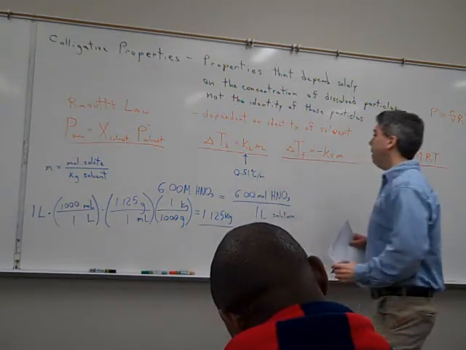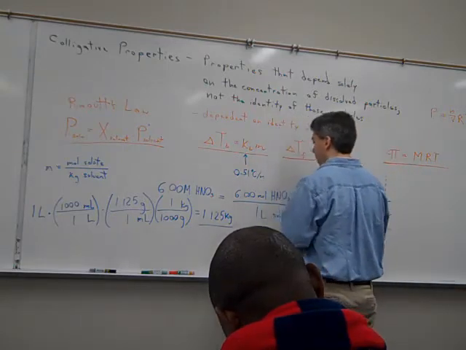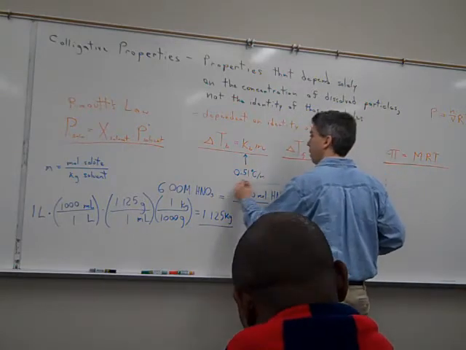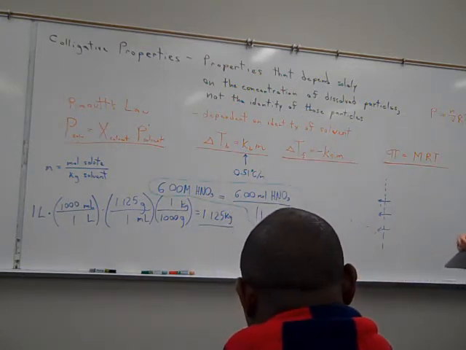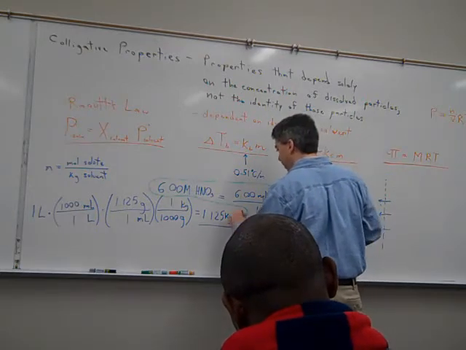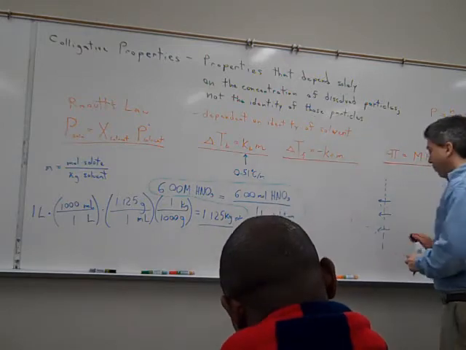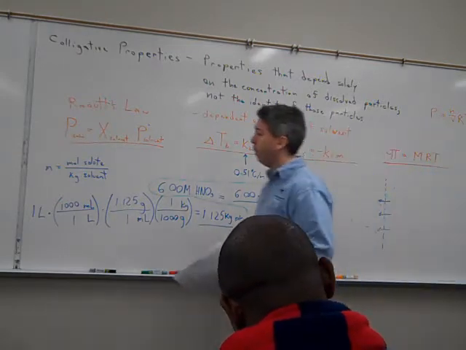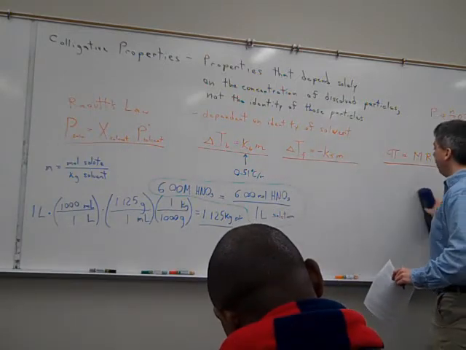So this is one piece of the puzzle. So that's what I started with. Okay. This is the kilograms of solution. Now I have to remember that solution is equal to solute plus solvent.